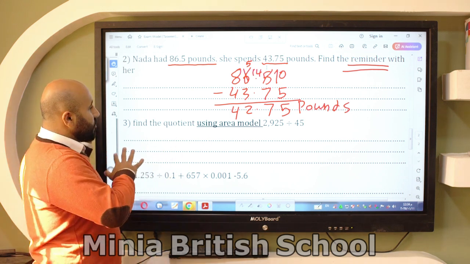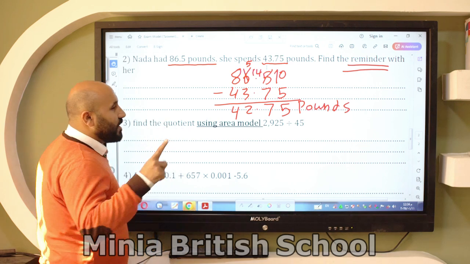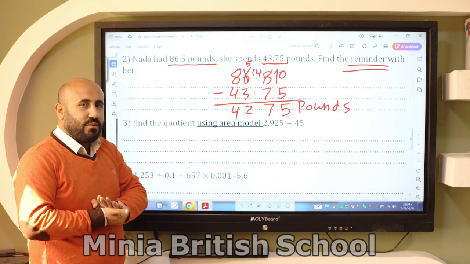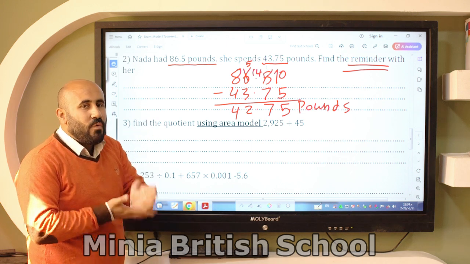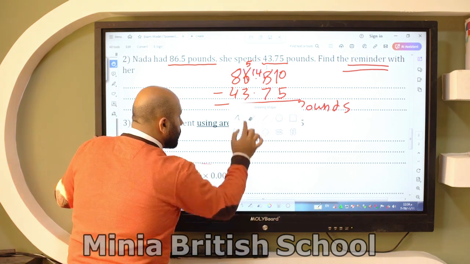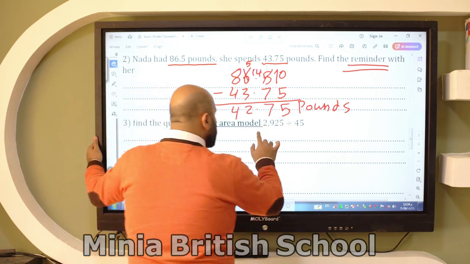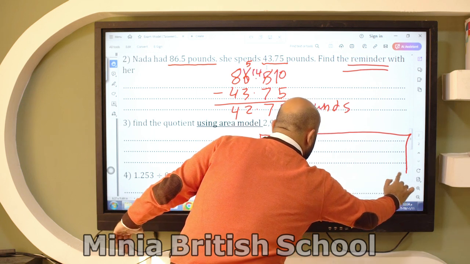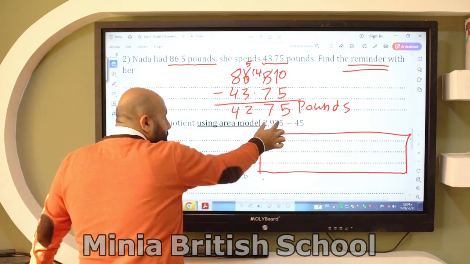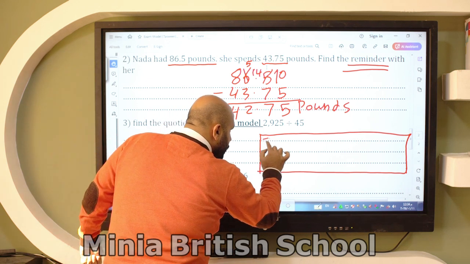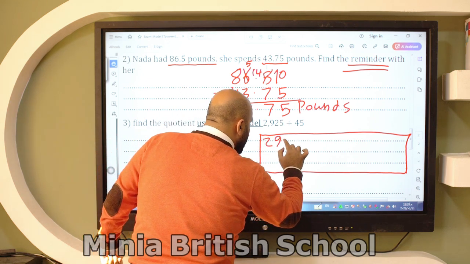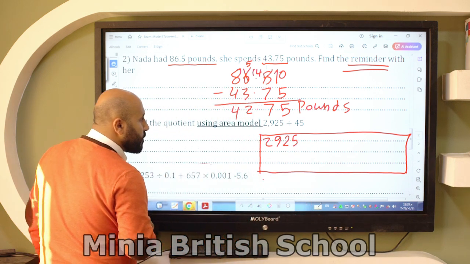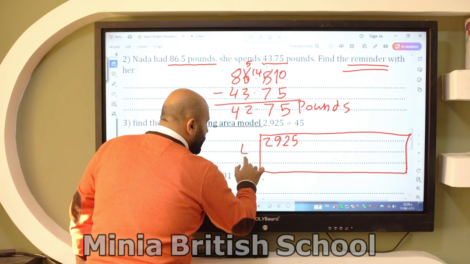Okay? Find the quotient using the area model and be careful. It determined the strategy for me, so I will go with it. As you all see, I will make our rectangle. Write the dividend right there, 2,925, and write the 45.